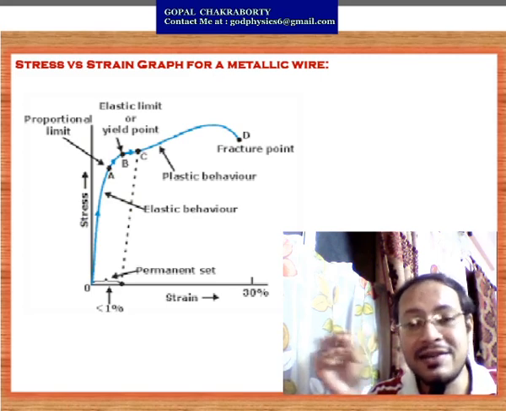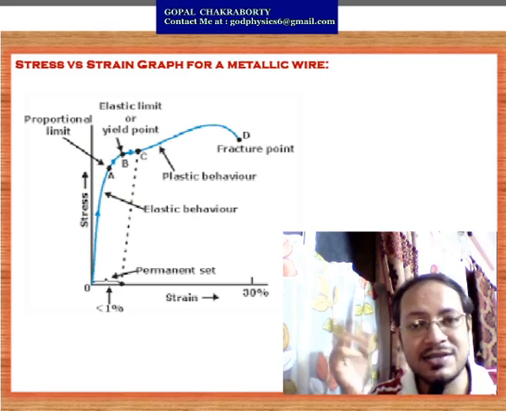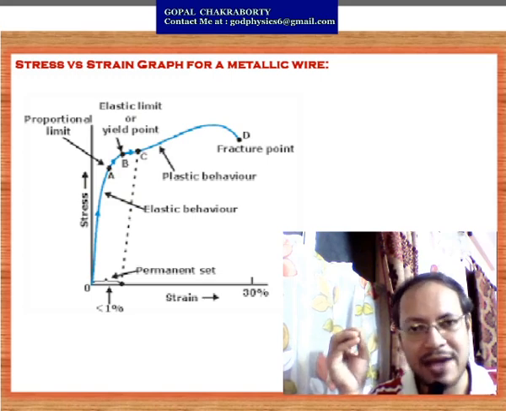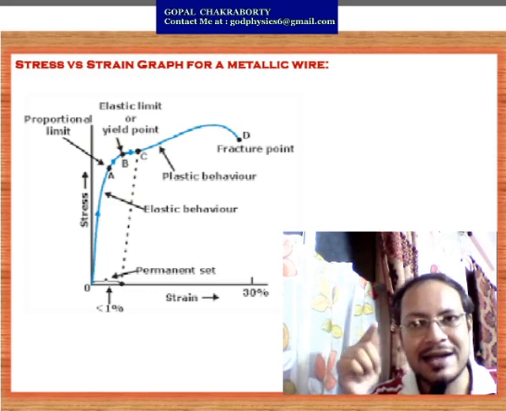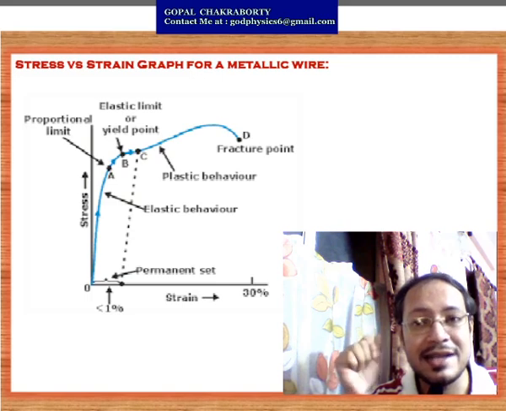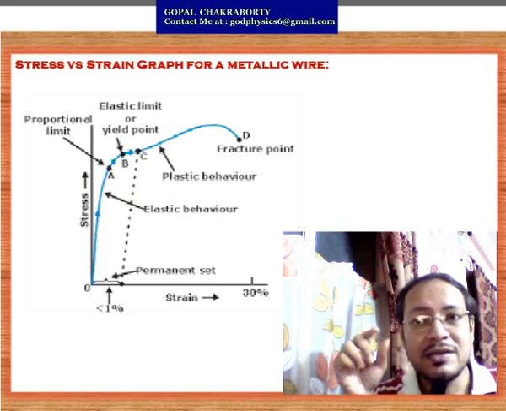If you increase the strain, the stress is also increased. That means if you deform the body slowly, then the restoring force acts in the opposite direction slowly. So the graph is linear, and see, point A shows the proportional limit. B is the elastic limit or yield point.